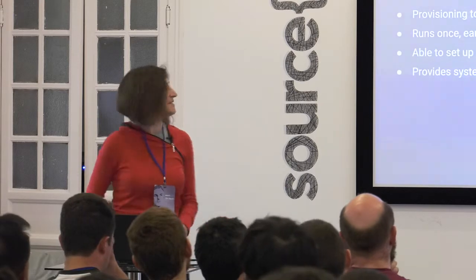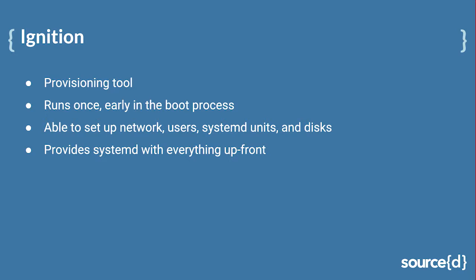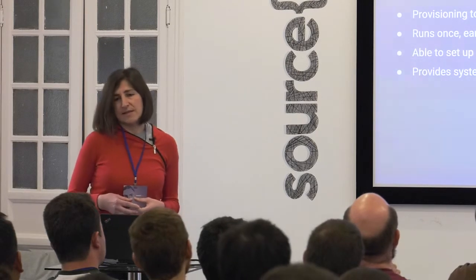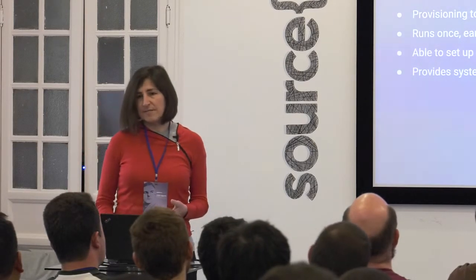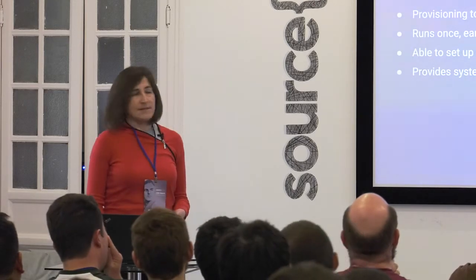So we tried Ignition, which is a tool that has been shipped with CoreOS for more than a year now. It's a tool designed to address all the issues that Cloud Init has, and it's focused very much on provisioning. It runs only once, in the very first boot of the machines, and it runs very early in the boot process. It runs in the initramfs stage before the PID 1 process starts, which of course is systemd.